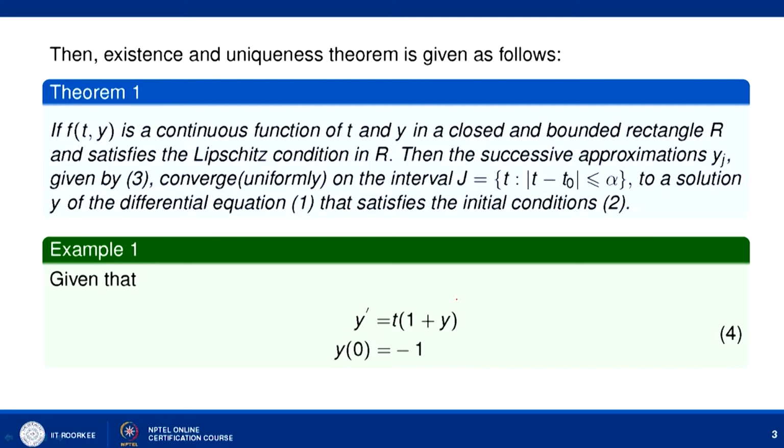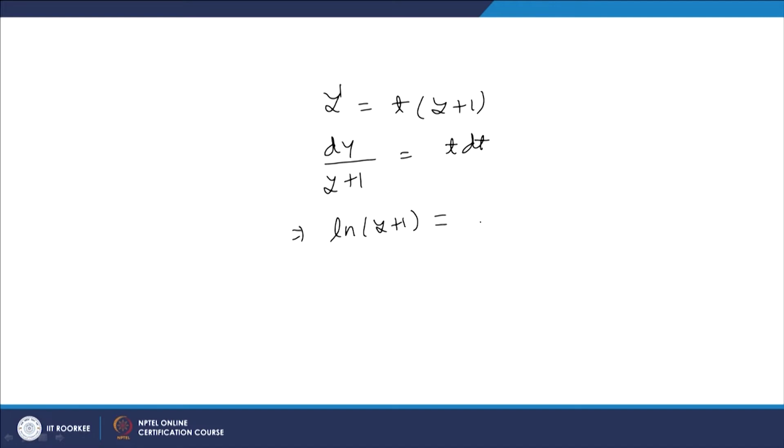Generally, this is a separable equation, and in a separable equation we can solve it like this: y dash equal to t times (y plus 1). We simply write dy by (y plus 1) equal to t dt, and we can solve it: ln of (y plus 1) equal to t square by 2 plus some constant.